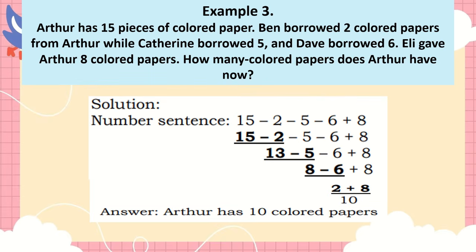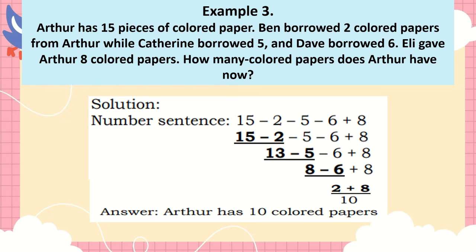Example 3. Arthur has 15 pieces of colored paper. Ben borrowed 2 colored papers from Arthur, while Catherine borrowed 5, and Dave borrowed 6. Ellie gave Arthur 8 colored papers. How many colored papers does Arthur have now? Solution.